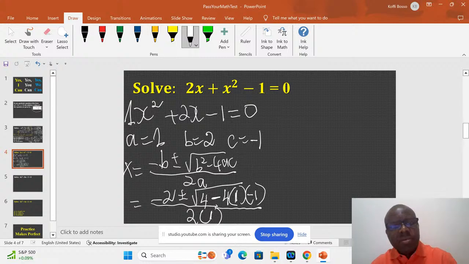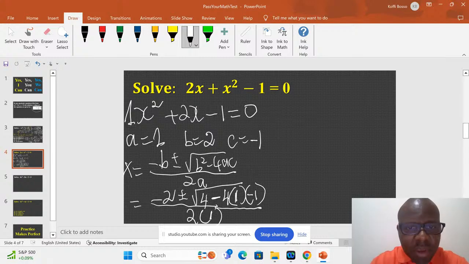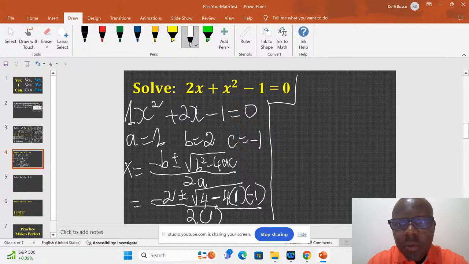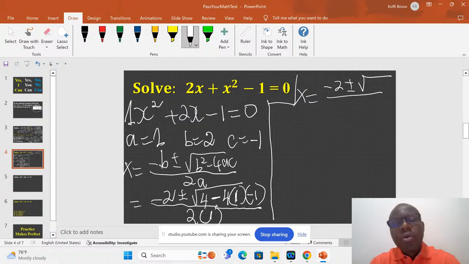I repeat. B is 2, so negative b is negative 2, plus minus square root of b squared, which is 4, minus 4 multiplied by a, which is 1, multiplied by c, which is negative 1. We continue. We're going to have x is equal to negative 2 plus minus square root of, inside, 4 plus another 4.